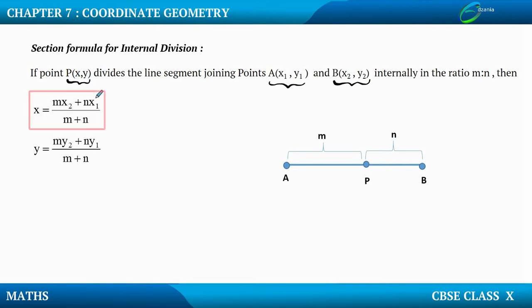Then we get x is equal to (mx2 + nx1) upon (m + n) and y is equal to (my2 + ny1) upon (m + n). We'll get to know this when we solve some examples based on this. So let us see the first example. What you're supposed to do is just remember these two formulas to find the values of x and y.